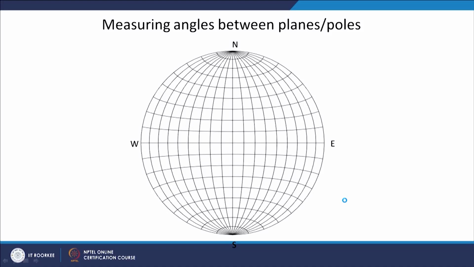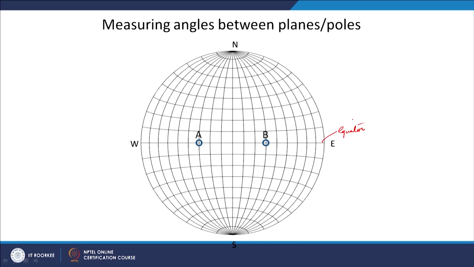So, first, measuring the angle between the planes or poles. Again you have a Wolf net here, and suppose there are two poles, A and B. Now, fortunately A and B are both lying on a great circle. The great circle here right now is the equator.